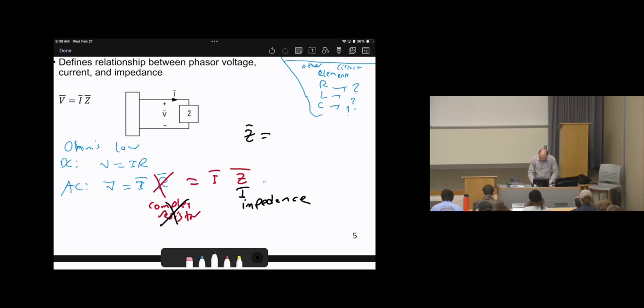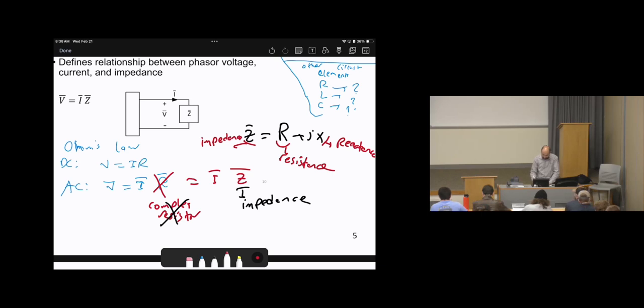Z bar equals, since it's a complex number, it will have a real and imaginary part. R plus jX. Okay? This is in rectangular format. So what's R? R is called resistance, which is the resistor that we know. X is called reactance. Then Z is called impedance.